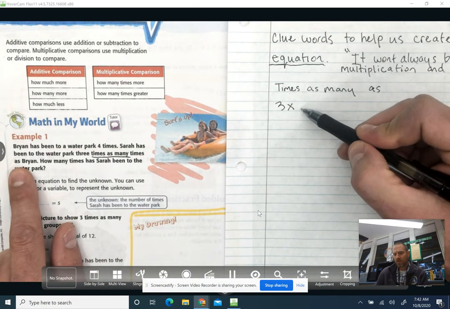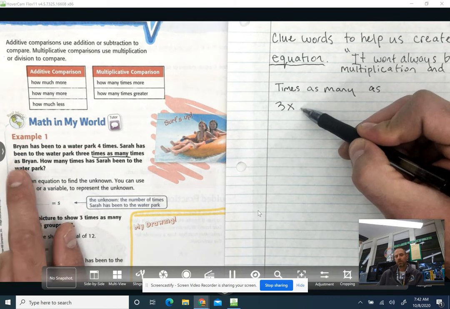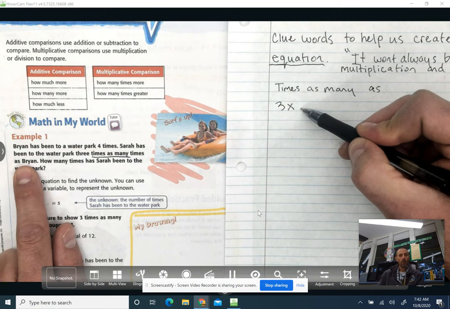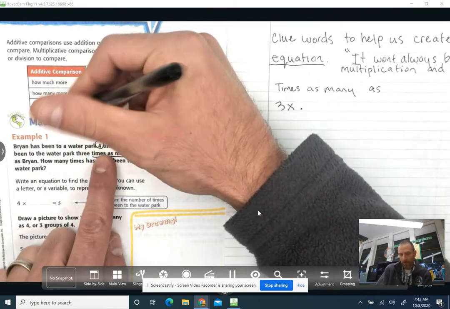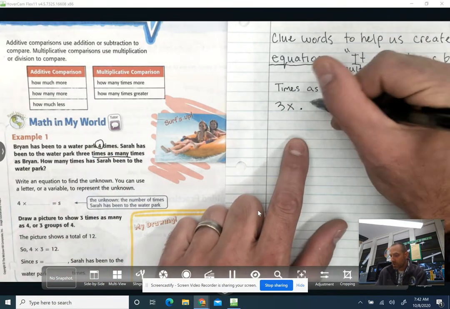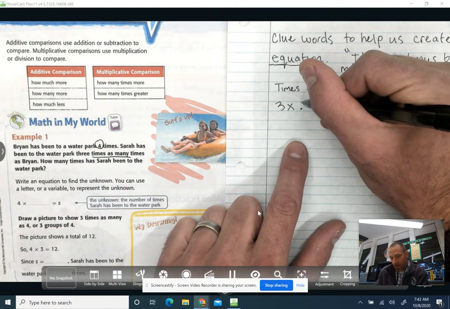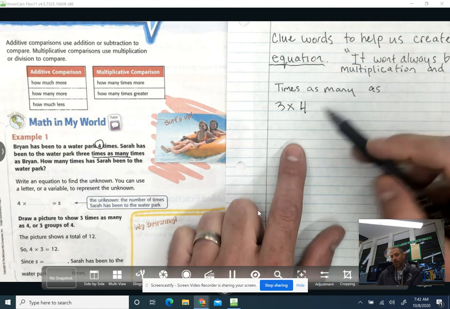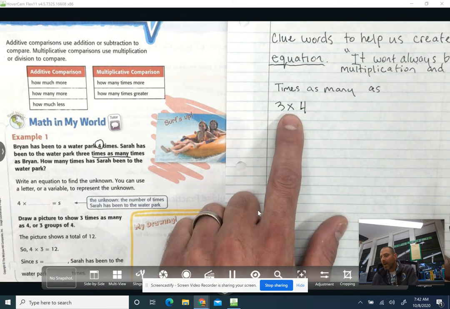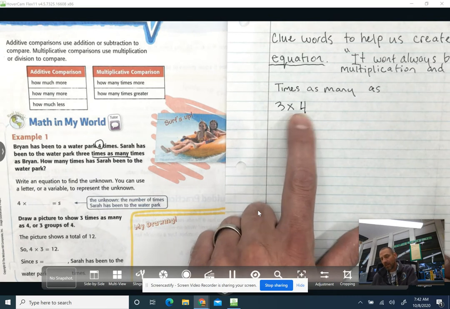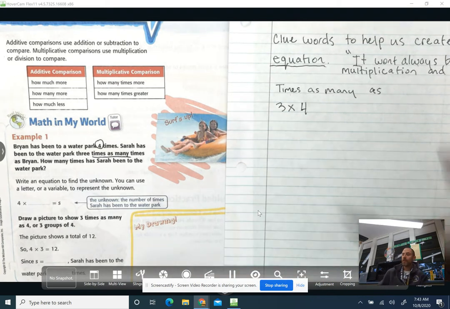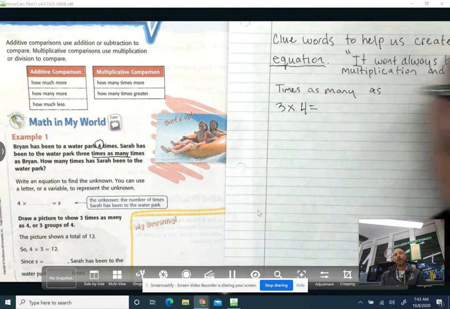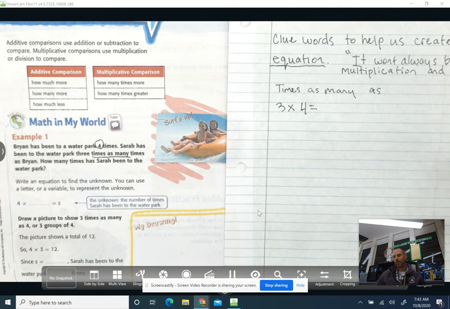We know it's multiplication because it says times. So 3 times, put your multiplication symbol afterwards, as many times as Brian. Well, our missing factor is Brian. How many times has Brian been to the water park? If we go up to the top of the problem and circle our number, we got 4 times. So Sarah has been to the water park 3 times as many times as Brian. 3 times 4 is equal to, and this is where we have to put a variable.